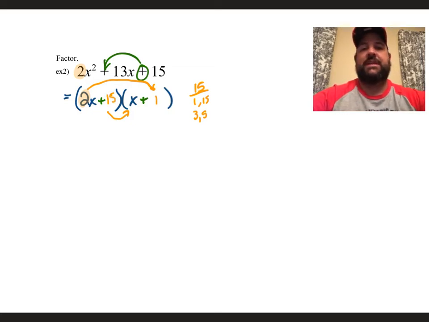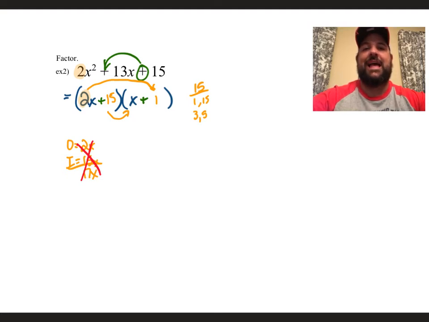So then what I would see is that my outside multiplication, 2x times 1 is 2x. My inside multiplication is 15 times 1, which is 15x. That adds up to 17x. That is not what I have in the middle here. I have 13x. So that must mean the 15 and the 1 don't work in this case.